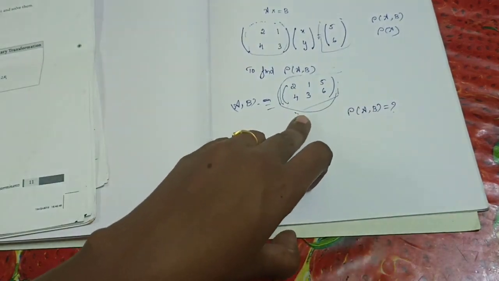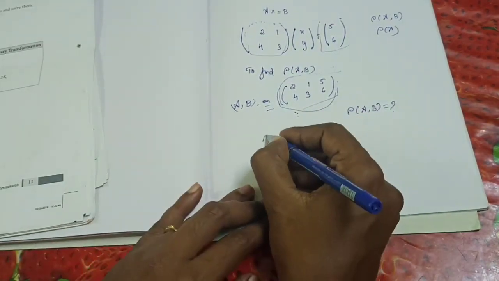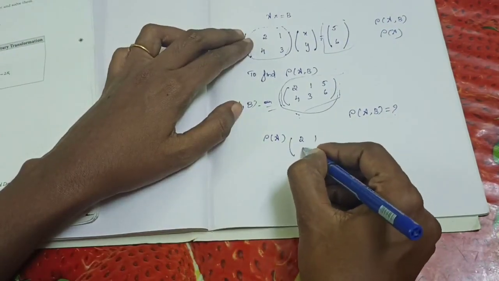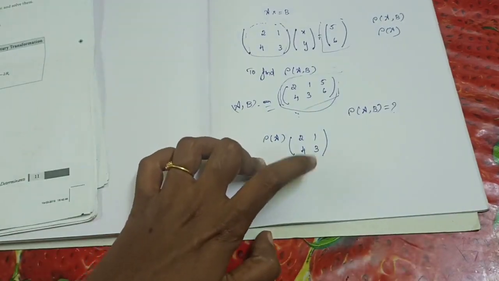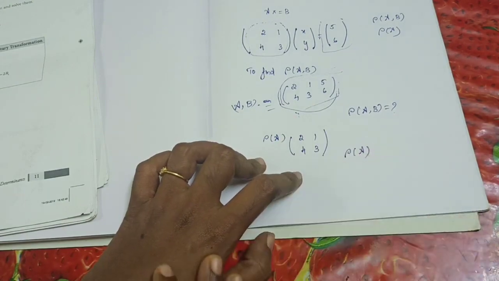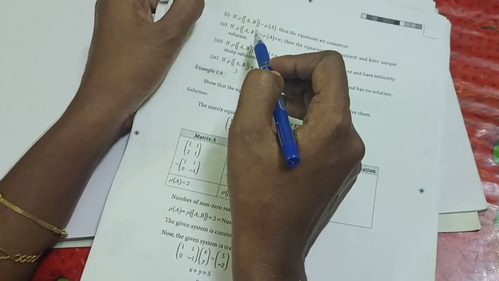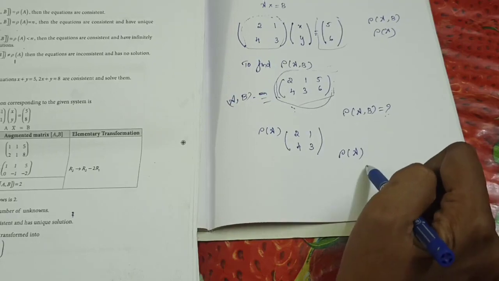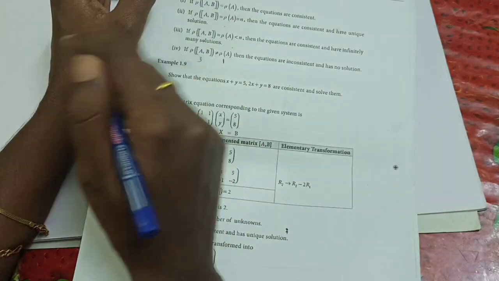When we find the rank of A comma B, we will get one answer. Then how will you find the rank of A? Only this matrix A you will take, so 2, 1 and 4, 3. When you find the rank of this A matrix, you get the value of rank of A. Now see the first: the rank of A comma B value is equal to the rank of A. When you get these two answers equal, we say the equations are consistent.